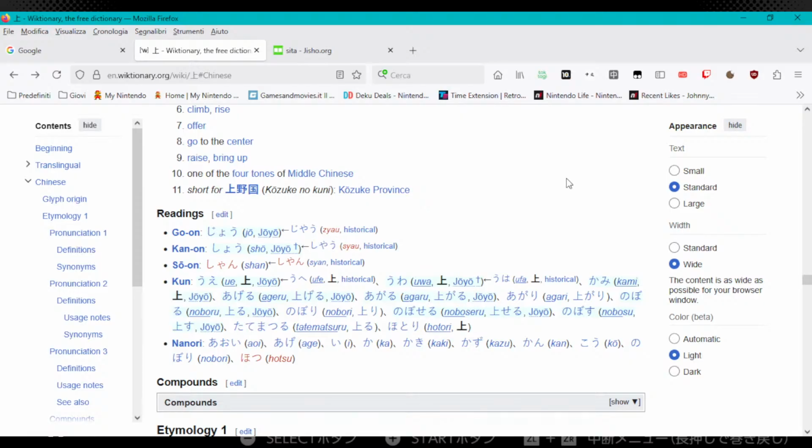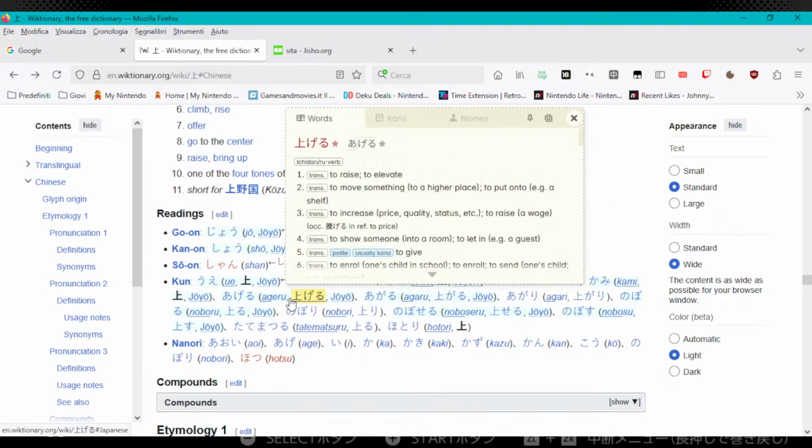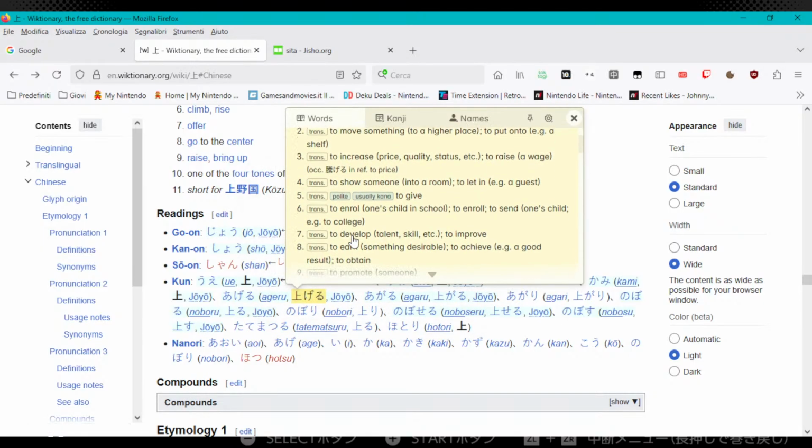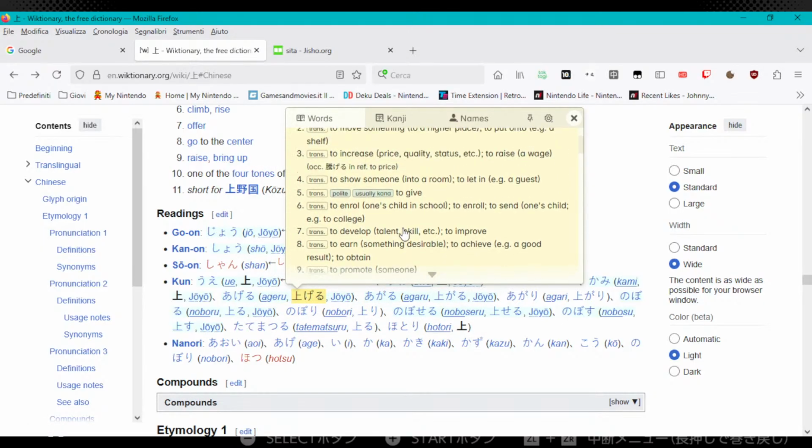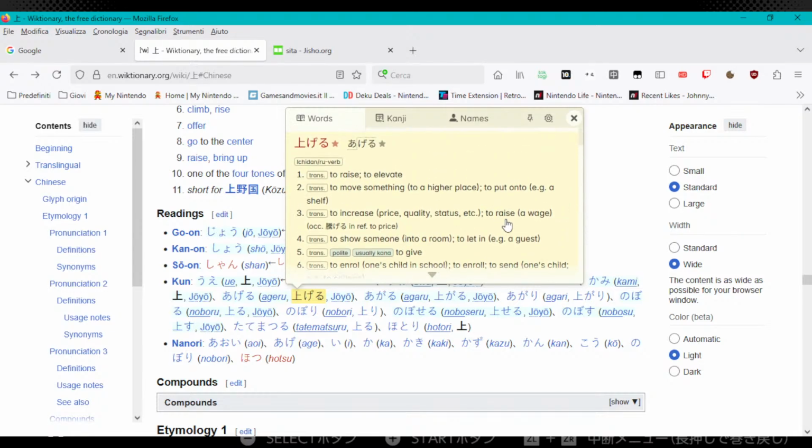And the most important, some of the verbs that can be written with it are ageru, unaccented, literally to raise, to elevate, but also used as one verb for, let's see if where it shows it.